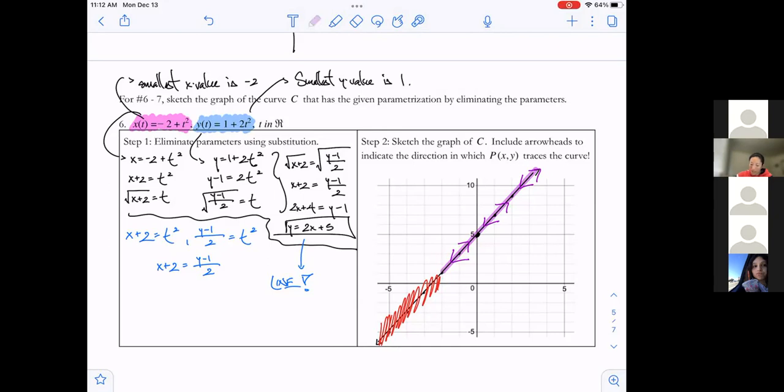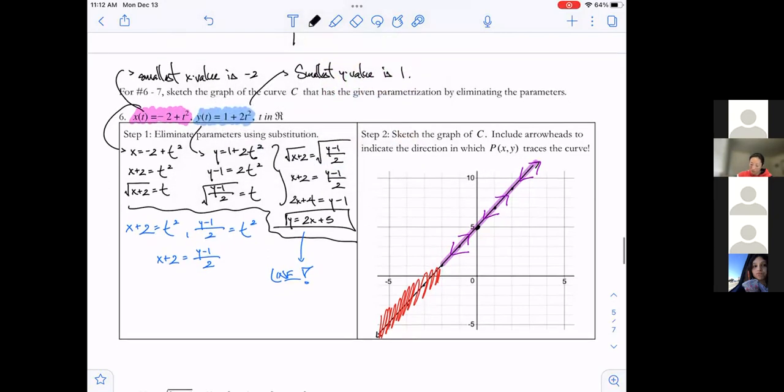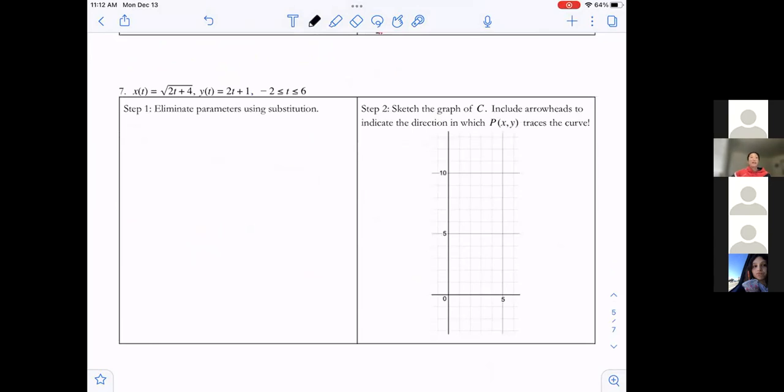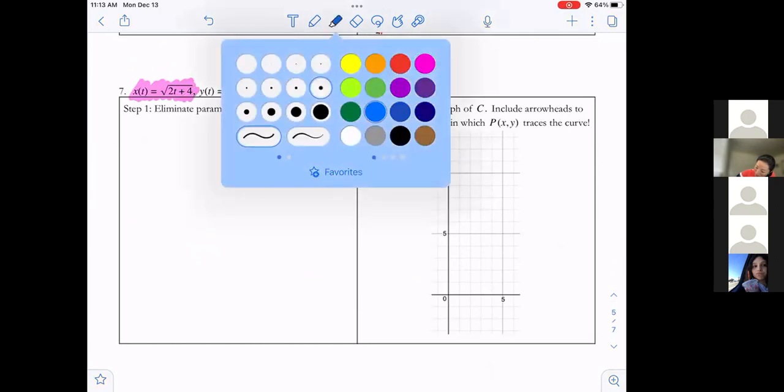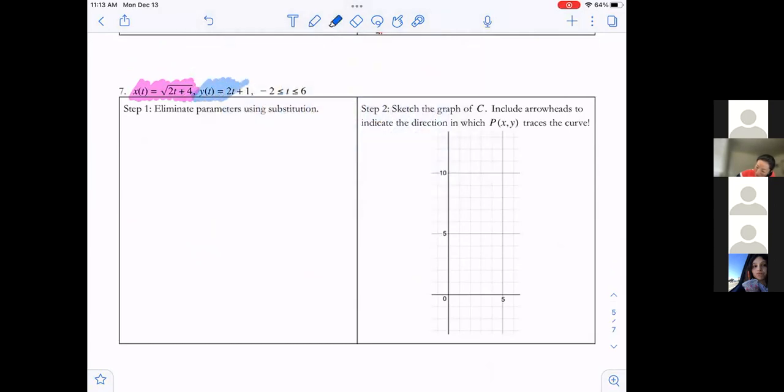All right, let's try a different example. And let's think again about possible moves, right? This is our x, this is our y. What is the least number of moves we can make to A, get rid of the t's, B, have a single equation, and C, have a familiar looking equation?